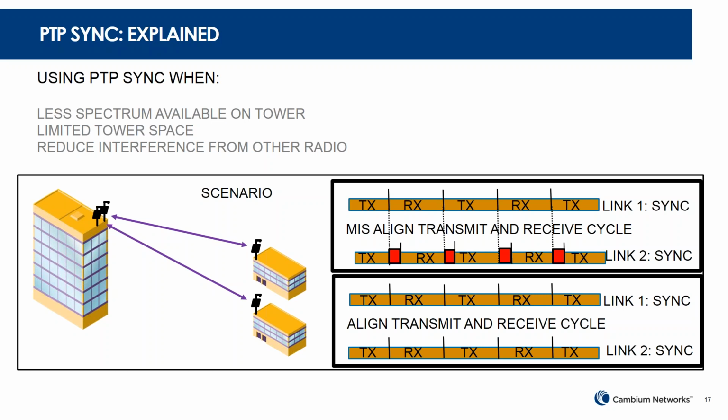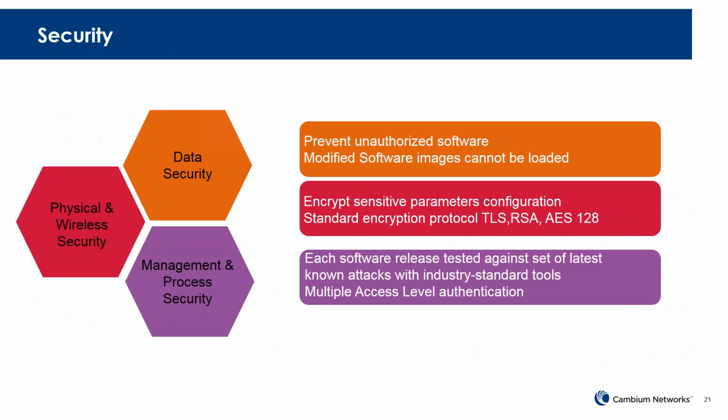So the PTP 550 supports PTP sync, which lets you align your transmit and receive cycles so that there's no interference from the other radios.